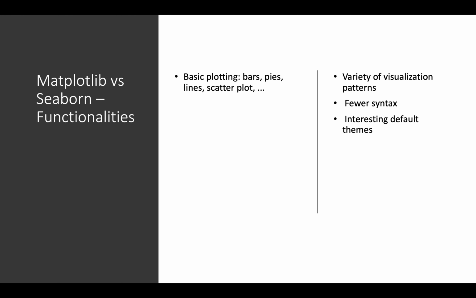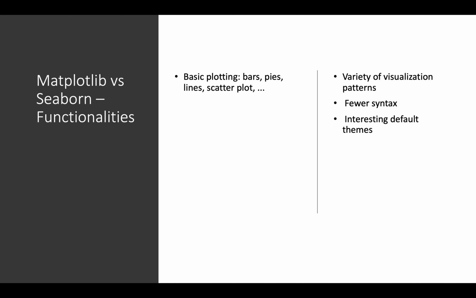Okay, the first thing that I'm going to compare is the functionalities of Matplotlib and Seaborn. Matplotlib is basically deployed for basic plotting. The visualization in Matplotlib generally consists of bars, pies, lines, scatter plots, and so on. Seaborn, on the other hand, provides a variety of visualization patterns.